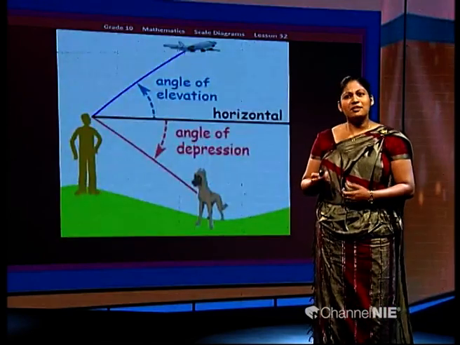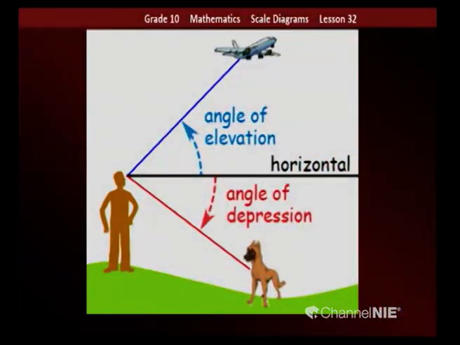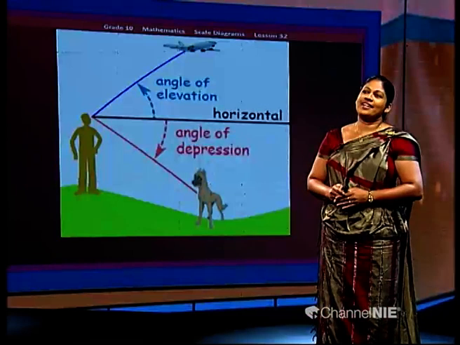Okay, shall we move to the next? See here, the man is observing the plane on the sky. There he has to look upwards. We say the angle in between the horizontal level and the line of vision, above the eye level, angle of elevation. Very good.